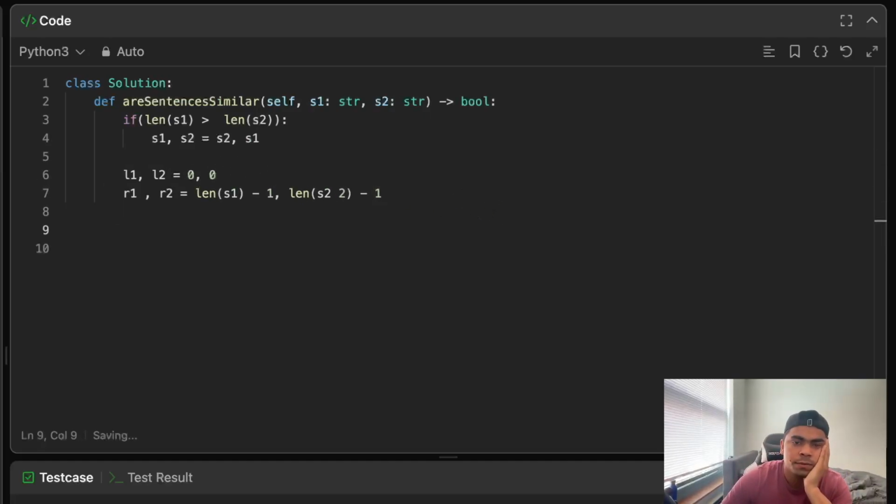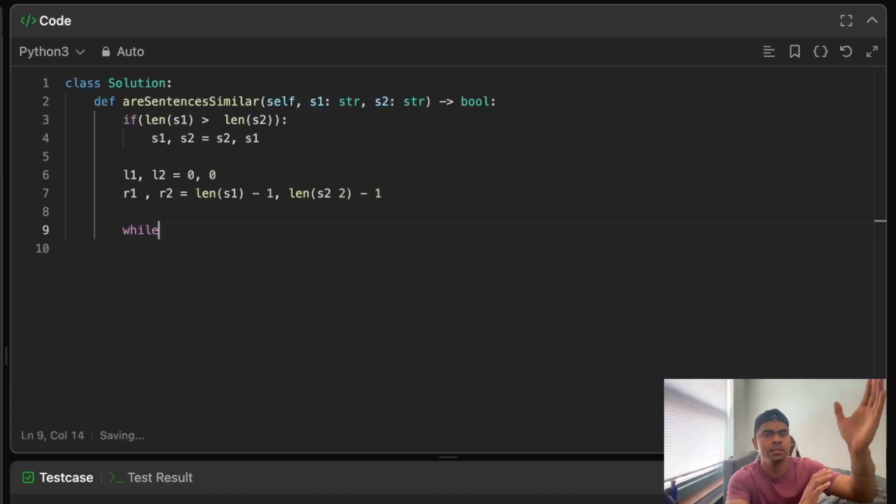First thing I want to do is work with the left sentences. So L1 and L2. Sorry, my bad, not L1 and R1, L1 and L2. L1 is pointing to sentence 1, L2 is pointing to sentence 2, and what I'm trying to see is L1's occurrences in L2.